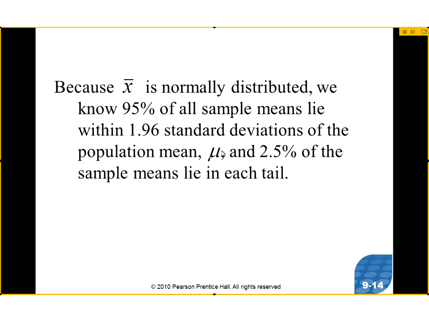Okay. Because X bar is normally distributed with a known standard deviation, 95% of all sample means will lie within 1.96 standard deviations. So they have a slightly funky way of introducing this, and I'm going to draw you a picture to make more sense.